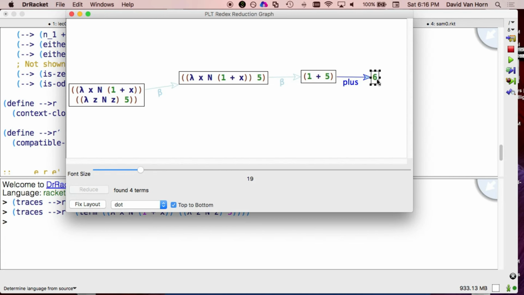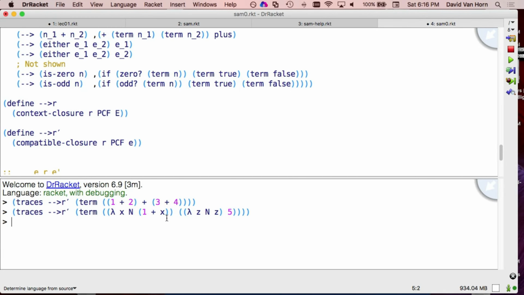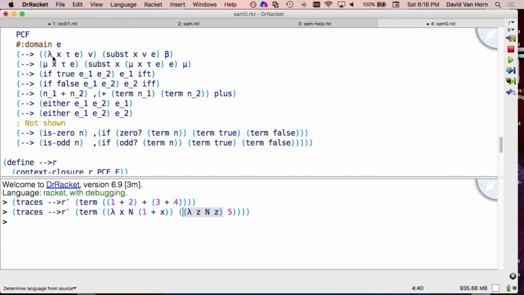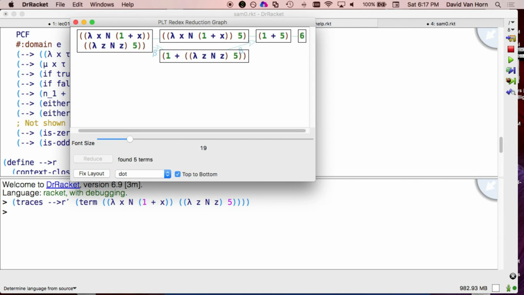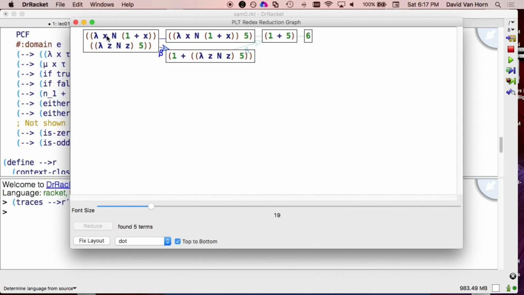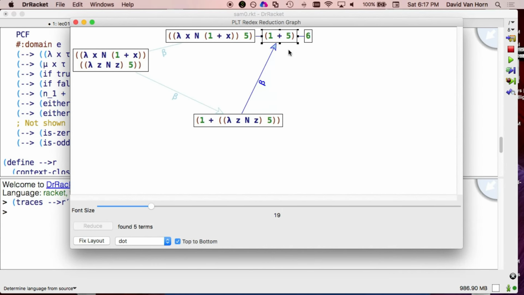So even though there's different places that you can reduce, the argument here is not a value yet, so it has to be done first. We can relax that by changing our beta here. So let's call this E1 and substitute E1 here. And now you'll notice that we can do those applications in different orders, right? Okay.